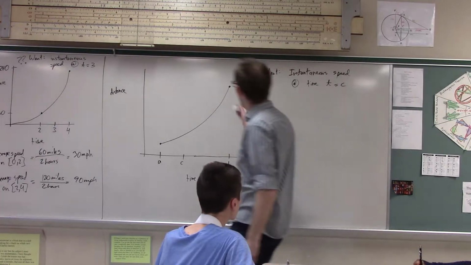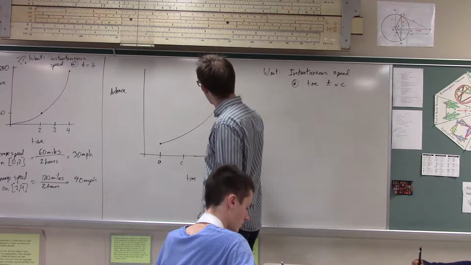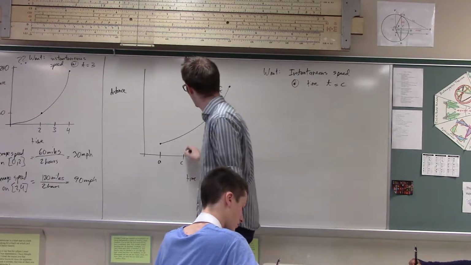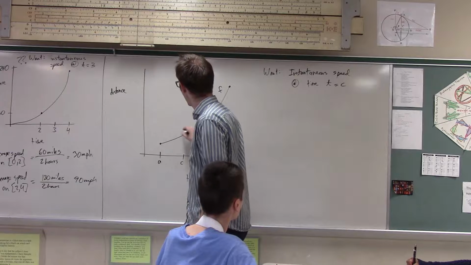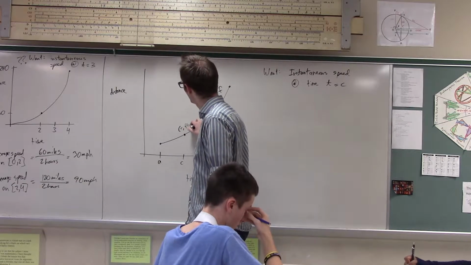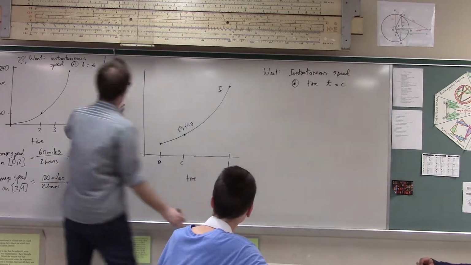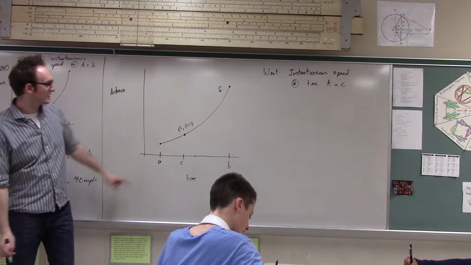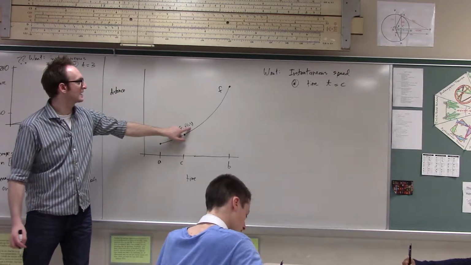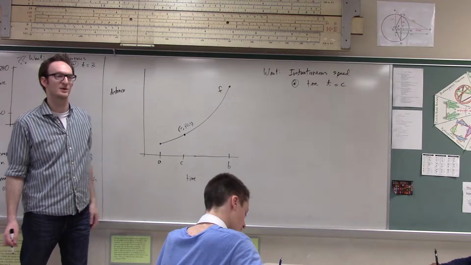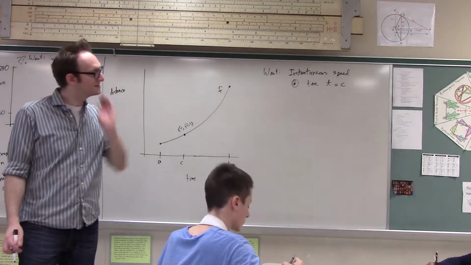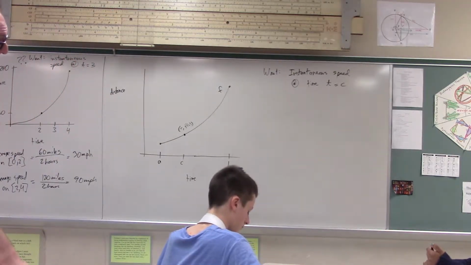And actually, I can give this function a name. I can call this function f or whatever, and that means I have a point on this graph, c comma f of c, and of course this is distance, so f of c represents how far away the object is at time c. All right, I want the instantaneous speed at time t equals c.